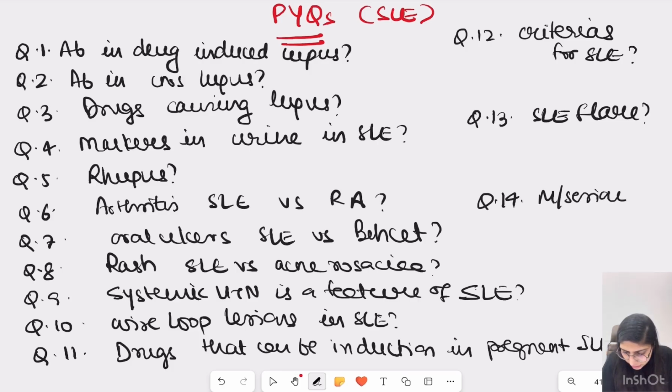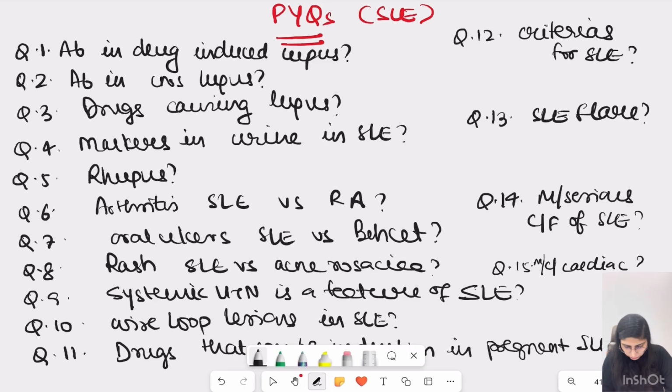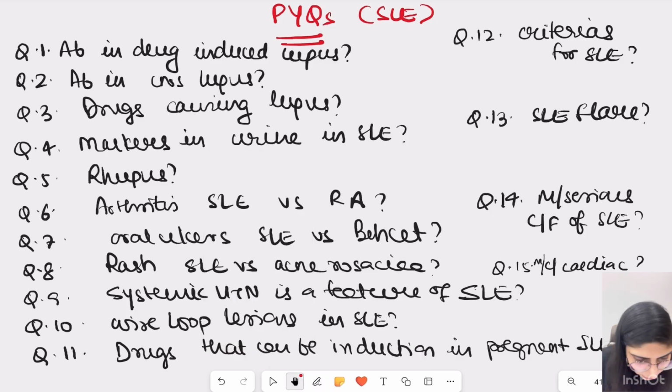Most serious clinical feature of SLE. And one last question. Most common cardiac feature of SLE. Have you written the answers? Can we now discuss the answers, please?